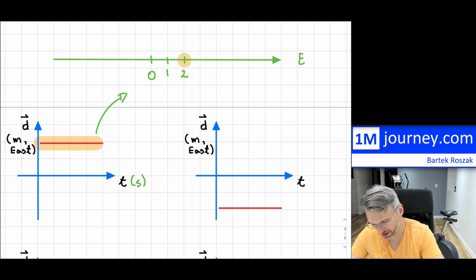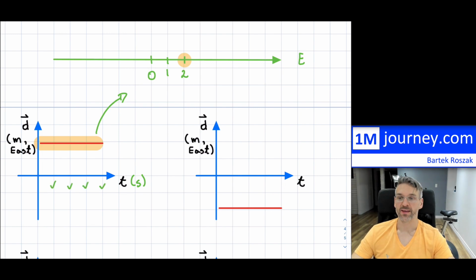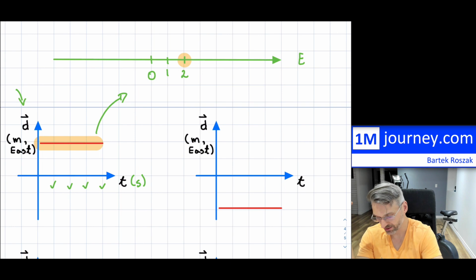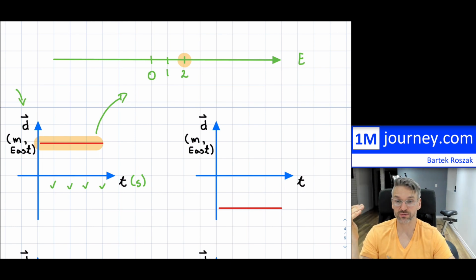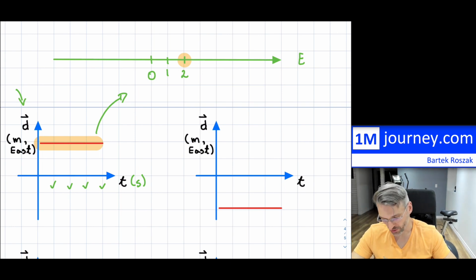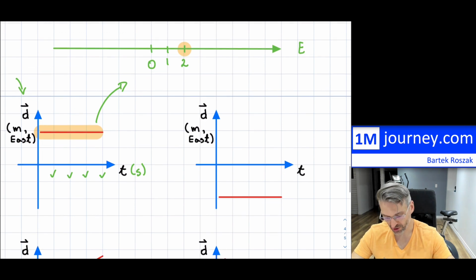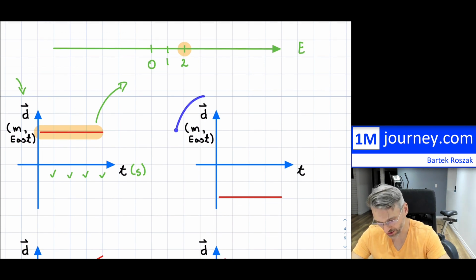Well, you can check: 1 second, 2 seconds, 3 seconds, 4 seconds. Because this is just your position, that means you're just stuck at 2.